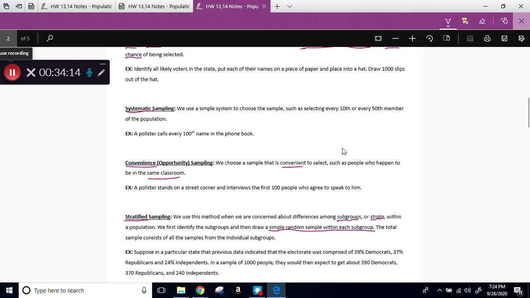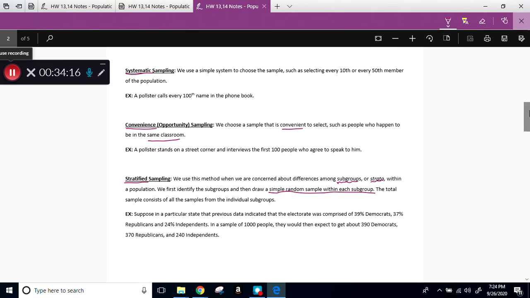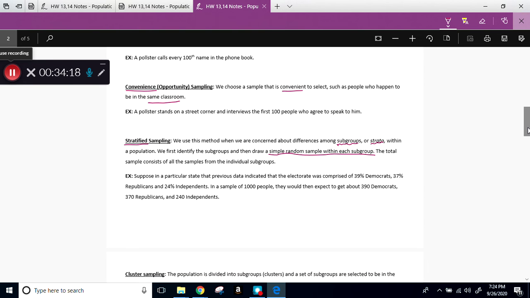Now, where did they get that number from? They're saying if there's 1,000 people and you were talking about 39%, 39% or 0.39 times 1,000 equals 390 Democrats. So they're just getting that from this information here.